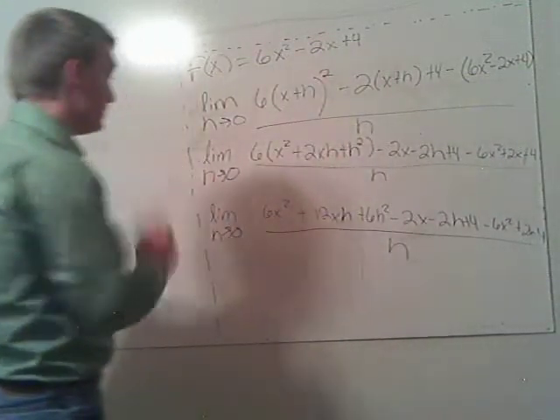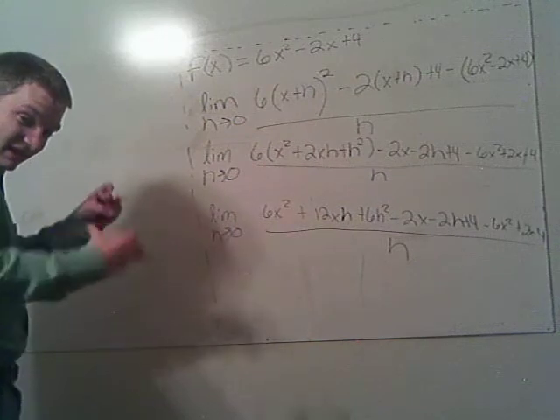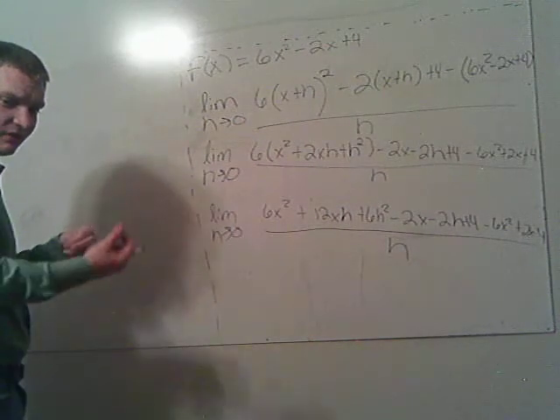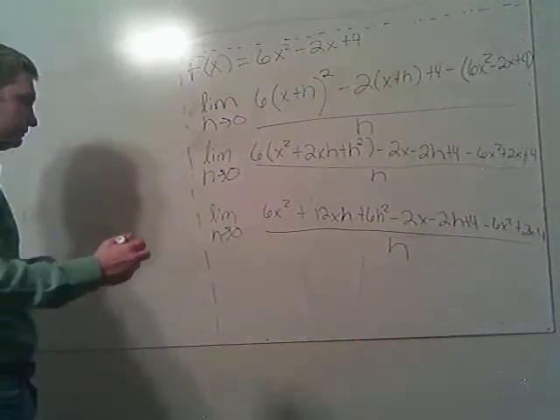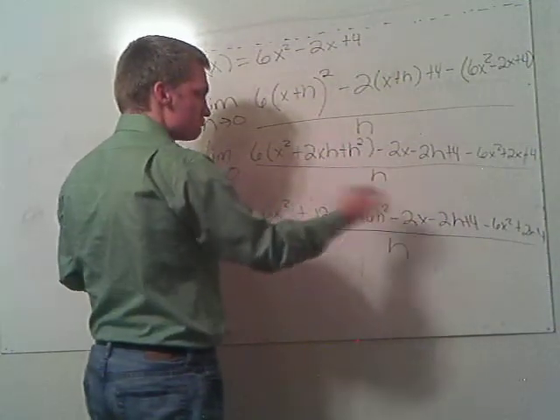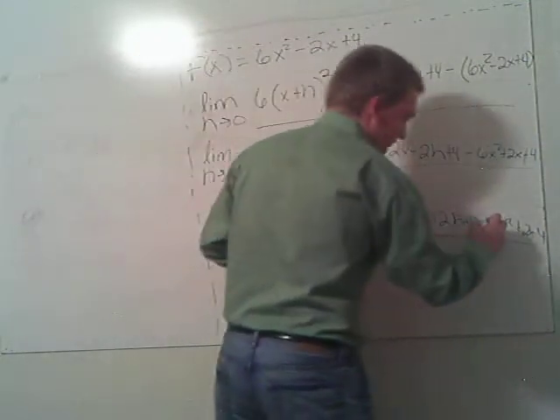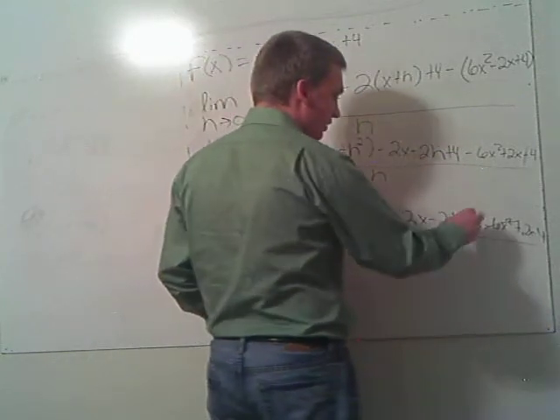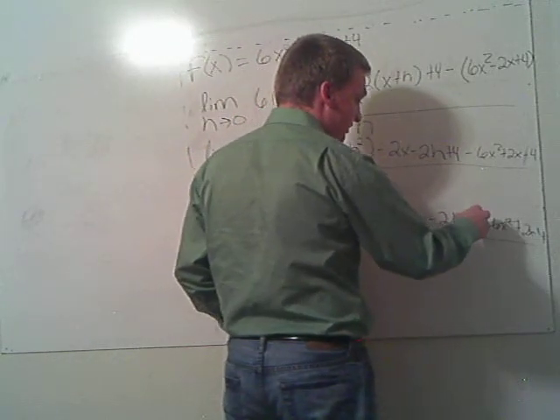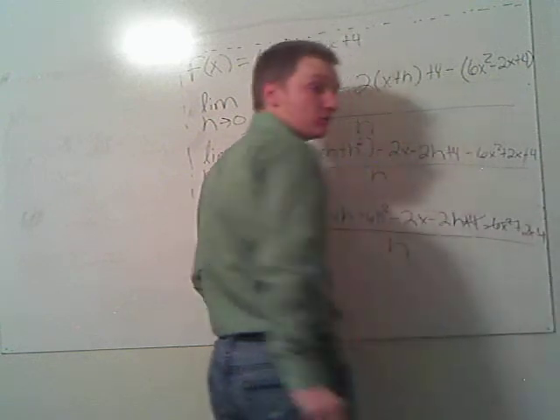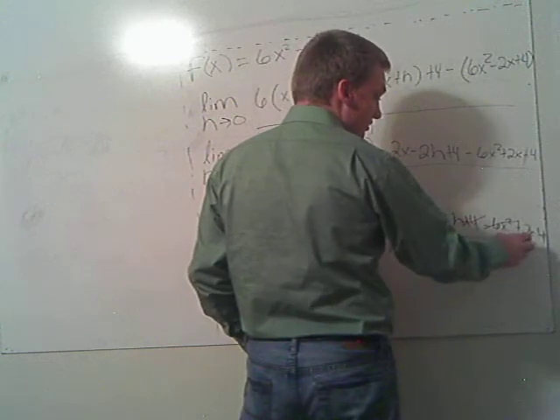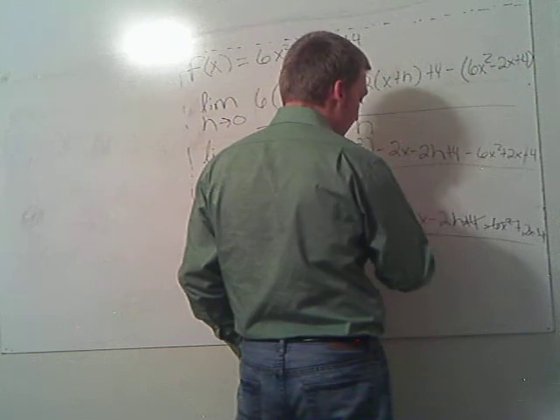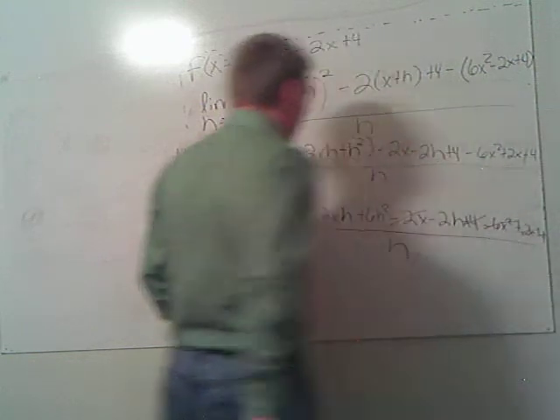But now what we can do is combine like terms and cancel off what will sum up to 0. 6x squared minus 6x squared, that'll go to 0. Positive 4 minus 4, that goes to 0. Positive 2x and a negative 2x, that'll go to 0.